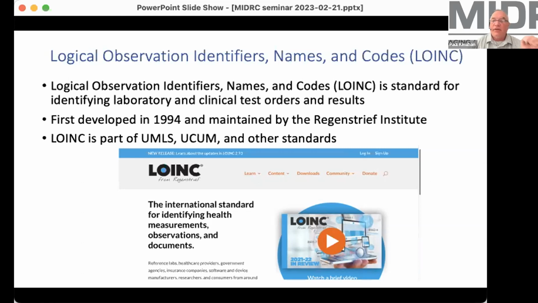LOINC is part of the UMLS, UCUM, and other standards I'll talk about, and it's free. I encourage you to just Google LOINC and download it, or interact with it. It's quite a powerful database.